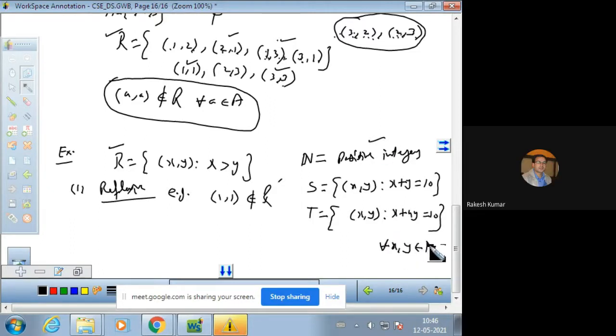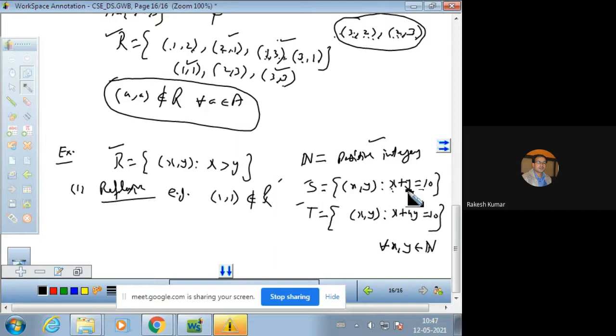Now we have three relations R, S, T, and R is not reflexive. What about S? S में whether it is a reflexive relation or not, this property is not satisfied for all positive integers. 1 plus 1 is not equal to 10. 2 plus 2 is not equal to 10. 3 plus 3 is not equal to 10.